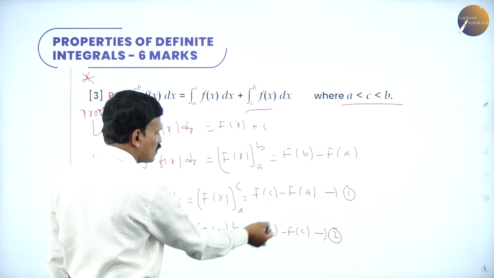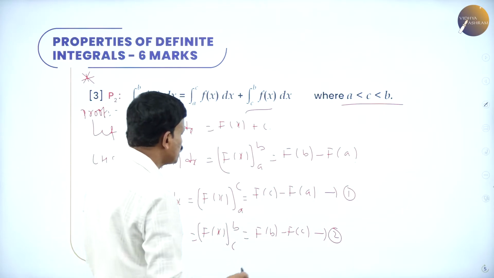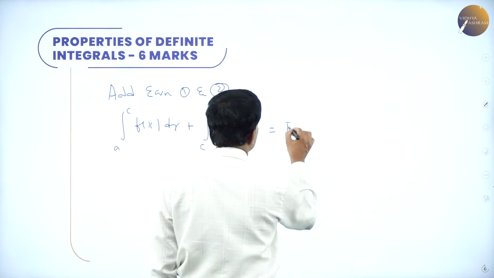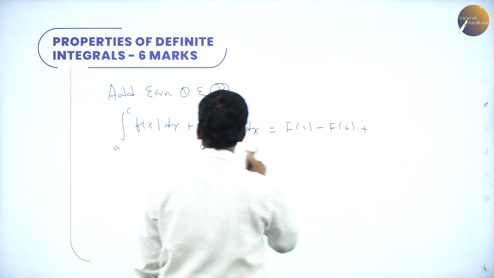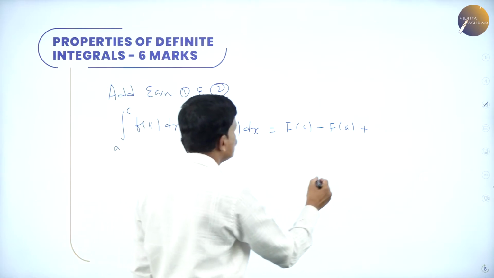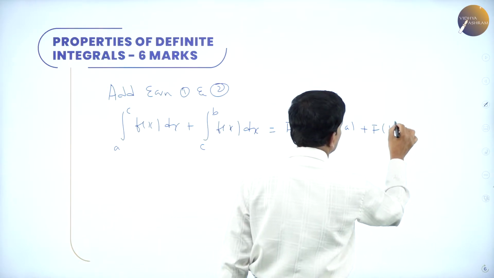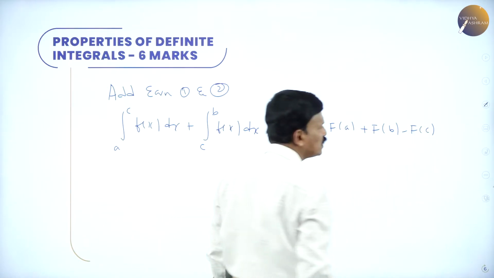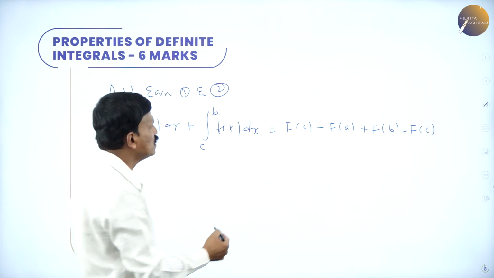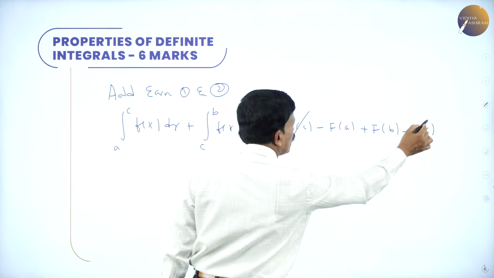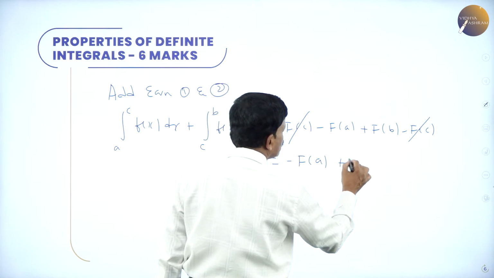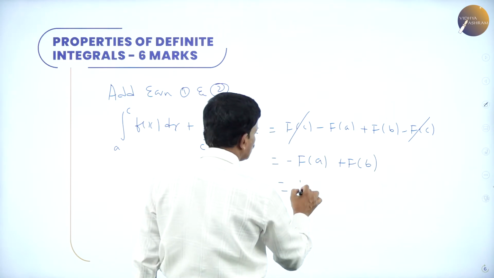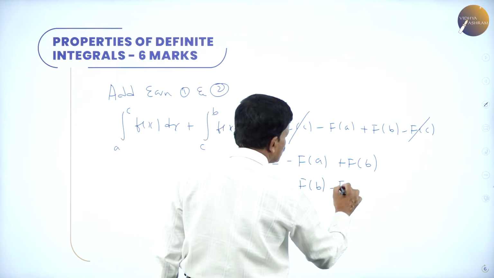F of c minus F of a plus F of b minus F of c. Cancel the terms which get cancelled. So, here plus F of c minus F of c gets cancelled. What is remaining is minus F of a plus F of b. So, this is equal to F of b minus F of a.